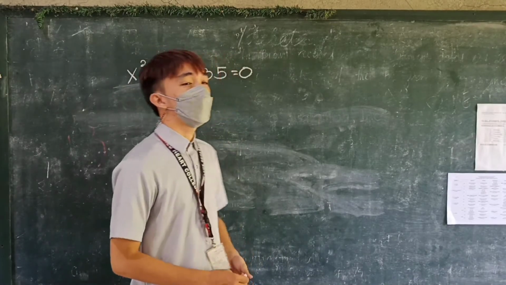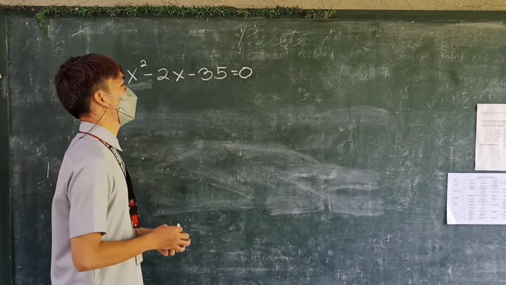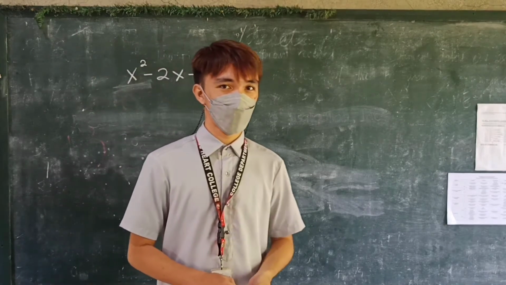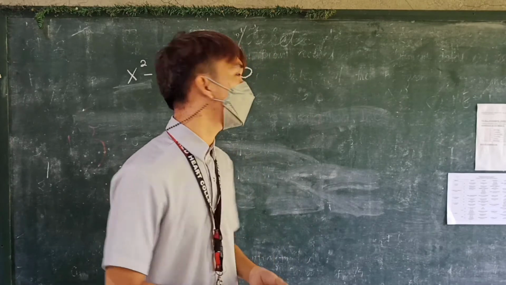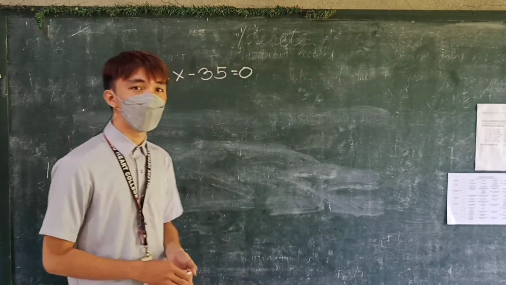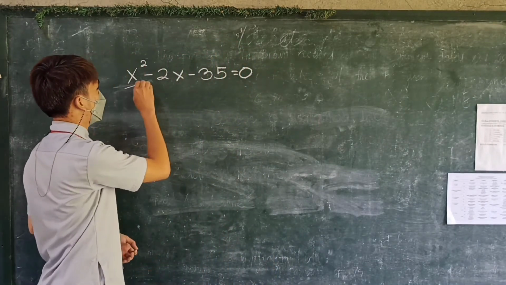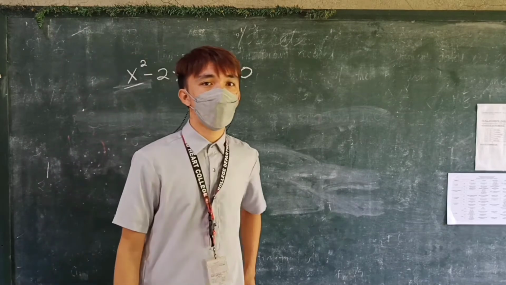Example number 1, we have x squared minus 2x minus 35 equals 0. The first thing that we are going to do is to look for the factors of the first term and the last term. The first term is x squared. So what are the factors of x squared?